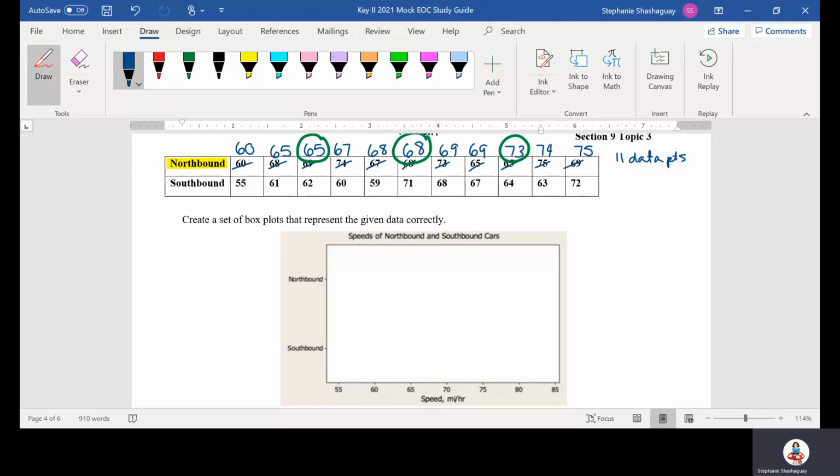So I'm going to go up here to 60 because that's my lowest. And I'm going to go to 68, estimate about right here. And then 73, estimate about right here. Oh, 65. All right. And then my maximum is at 75 right here.